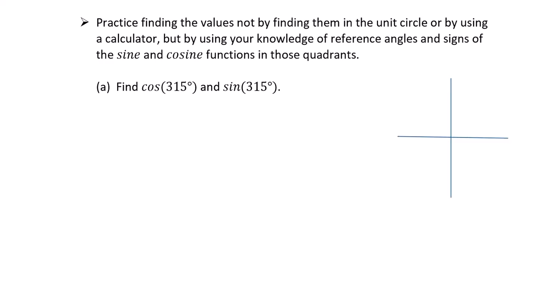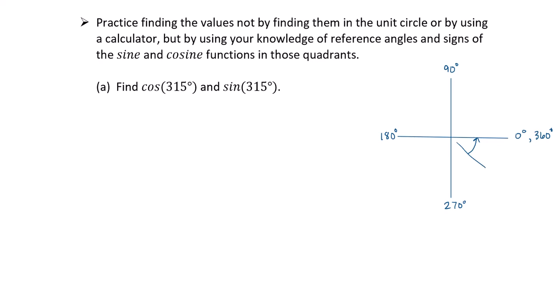Remember, I'm in degrees, so I'm going to mark my quadrantal angles so I can determine what quadrant I'm landing in, and it looks like we're landing somewhere over in here. So my reference angle is going to be how much more it takes to get right back to the x-axis.